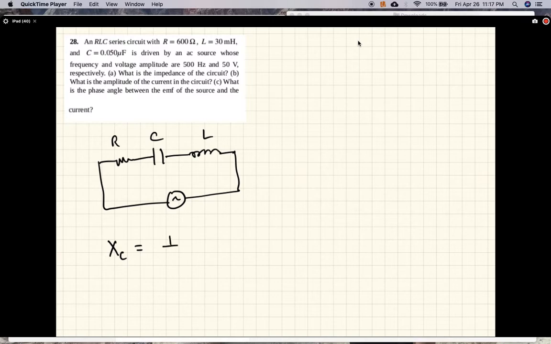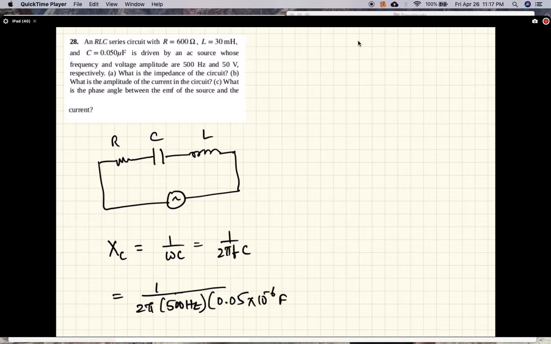So XC is 1 over omega C, 1 over 2 pi FC, which is 1 over 2 pi times 500 Hertz, and C is 0.05 times 10 to the minus 6 farads.